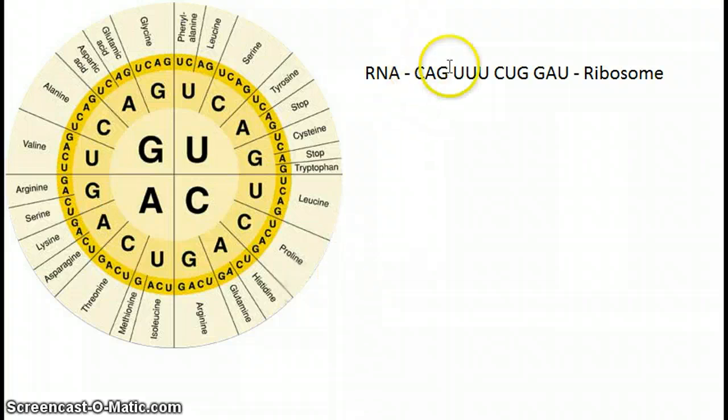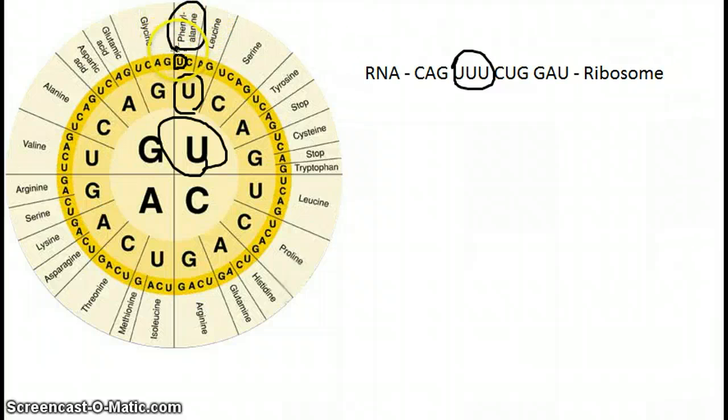So if we were decoding the UUU fragment, we start from the center, and we say the first letter is U, the second letter is U, and the third letter is U. That means that our amino acid would be phenylalanine, so you would put P-H-E.